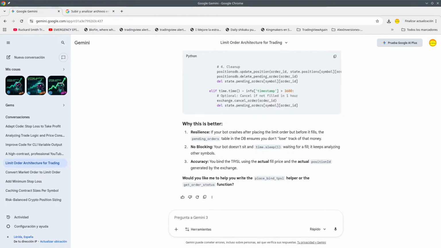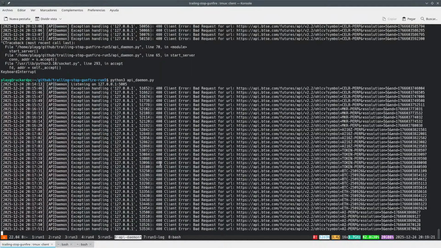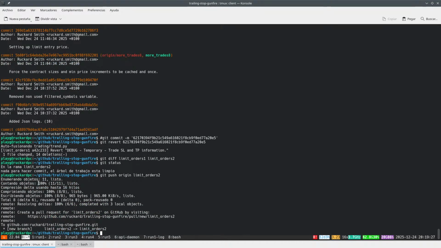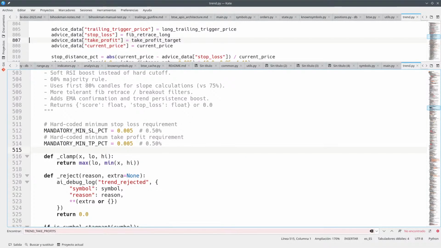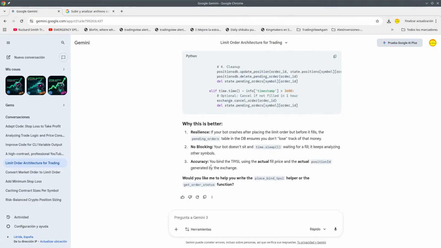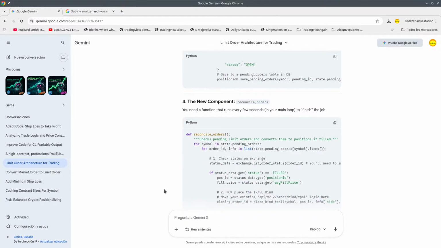So let's see how we implement all of this. For now we don't have anything shown here in the different scripts that we are running. So let's try to work on this limit order stuff, which I'm not sure if it's a good idea to have the reconcile orders somewhere else.